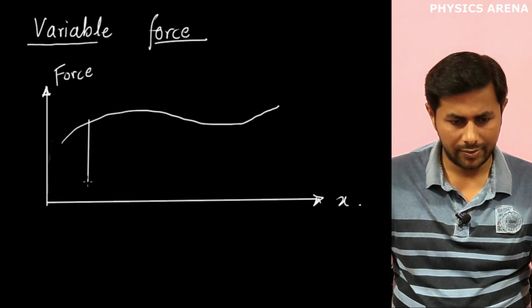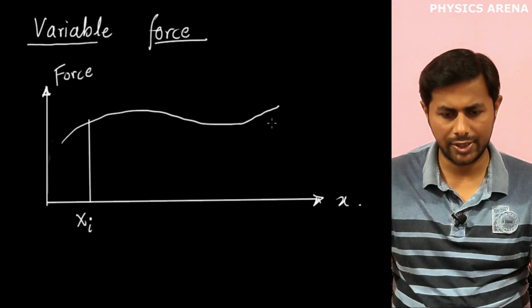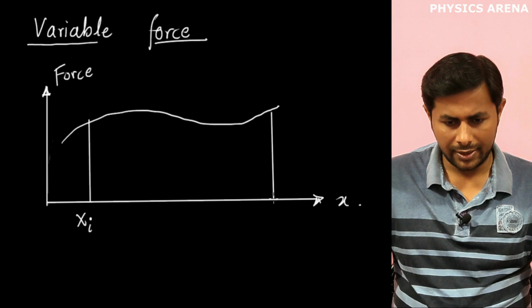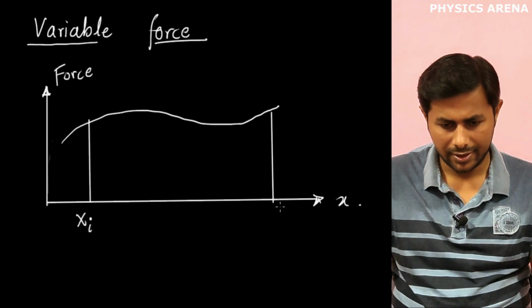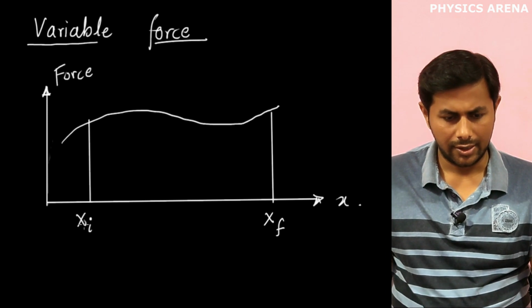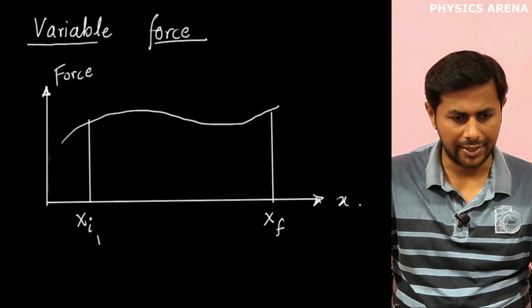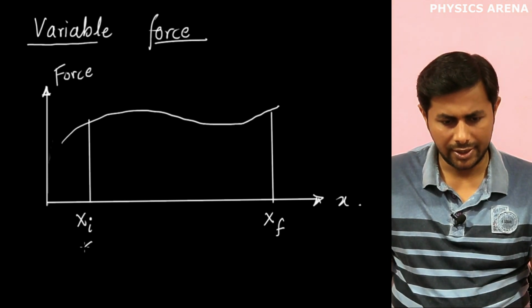So let's suppose x suffix i is the initial position and x suffix f is the final position. So the length of this axis from xi to xf is the displacement.